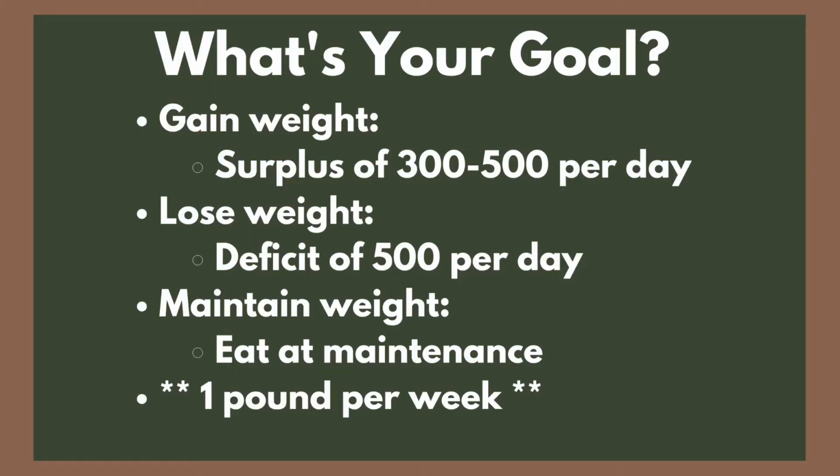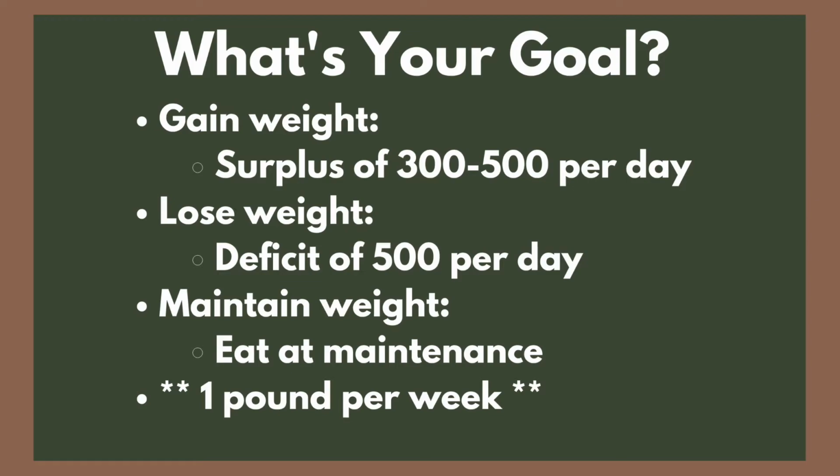So if you're trying to gain weight, I suggest eating in a caloric surplus of about 300 to 500 calories per day. If you are trying to lose weight, then I suggest a caloric deficit of 500 calories per day. The goal is to go about this slow and gradual. Aim to lose 1 pound per week.